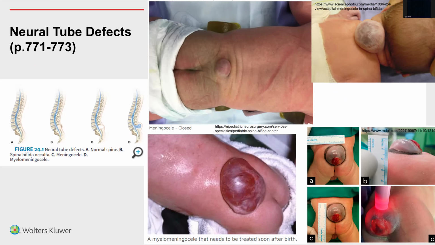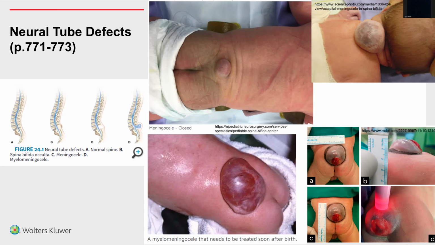It's just kind of that open area there, but there's no fluid fill or spine and nerve contents in a sac or anything. C shows you the meningocele. So you definitely can see that the spine and nerves and things are not inside that sac.